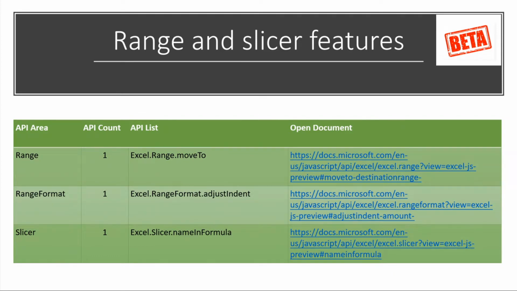So we received a lot of requests from customers, and we released this API, so you can use moveTo to realize your cut and paste feature. And for range format, we enable the indent. You can use this API to adjust indent, increase indent, or decrease indent. And for slicer, we enable the name in formula.